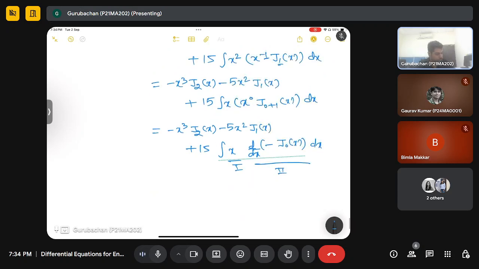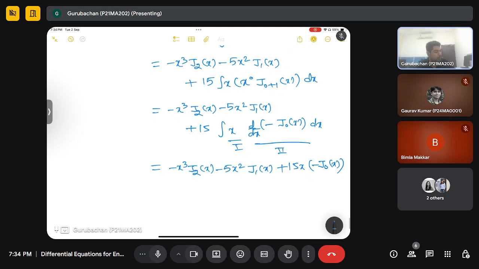So this will give you minus x cube J2(x) minus 5x square J1(x) and 15x minus J0(x) minus of 15 d by dx of x minus J0(x) dx.